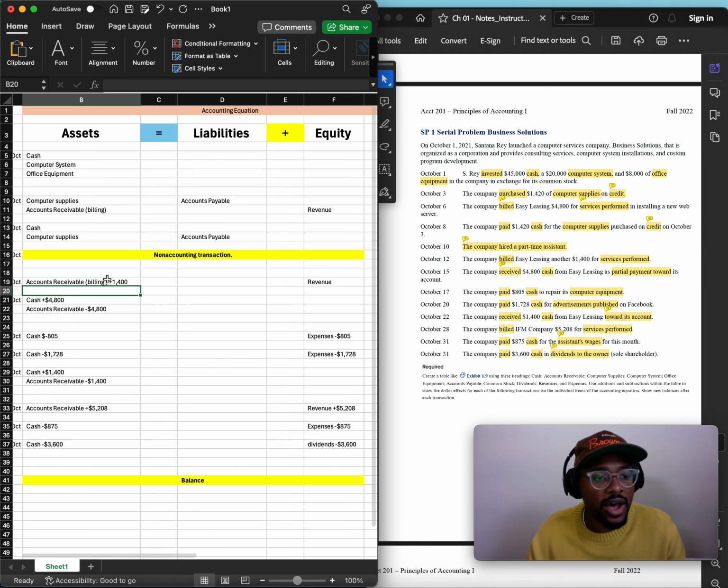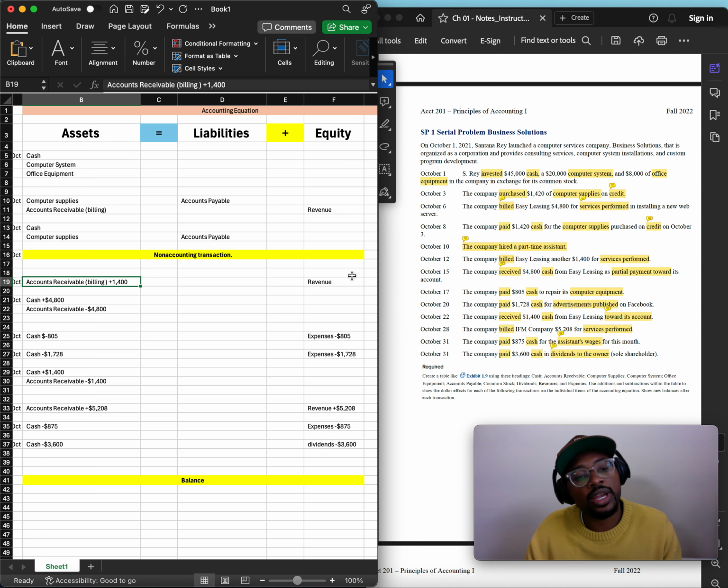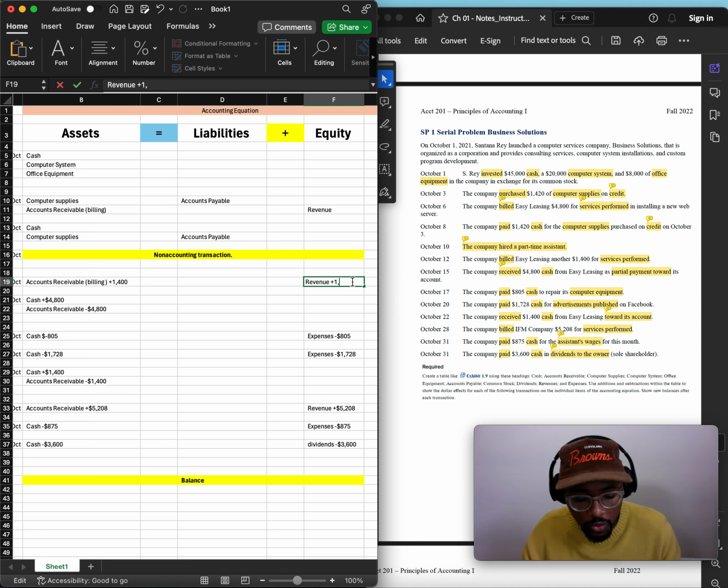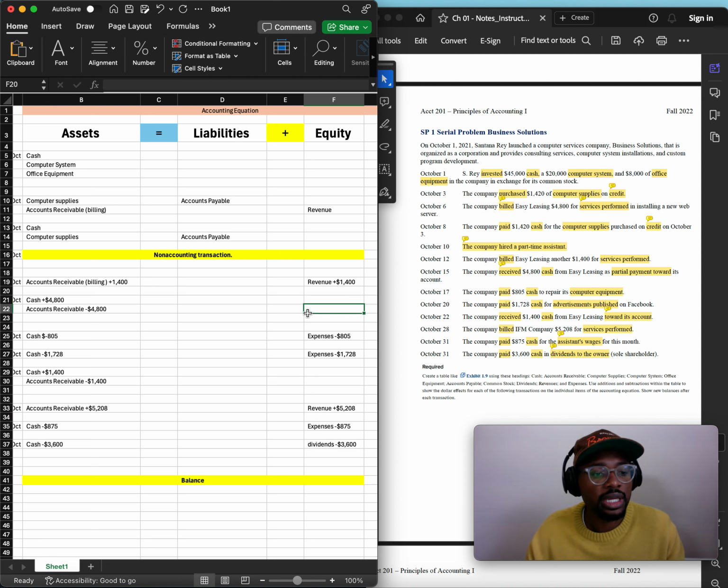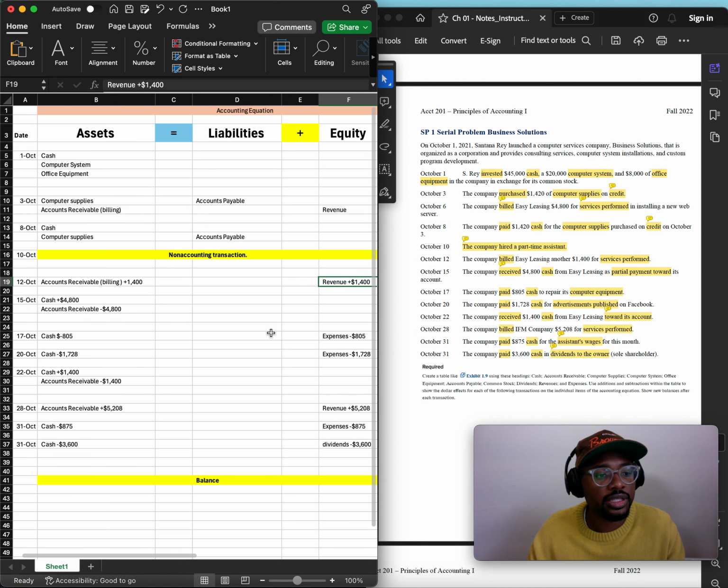Okay. So now if we bill accounts receivable for 1,400, whatever we do on this side, we have to do on this side. So we're also going to increase our revenue for 1,400. You see? And that's it. Whatever we do on one side, we do on the other side. All right, let's keep it moving, please.